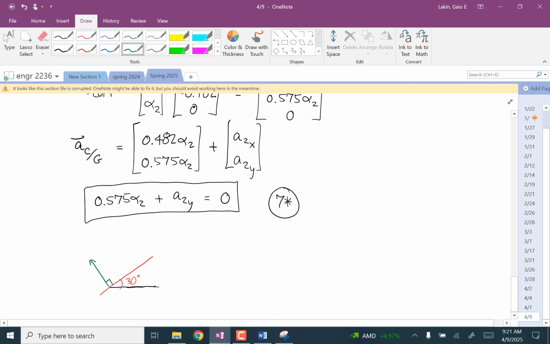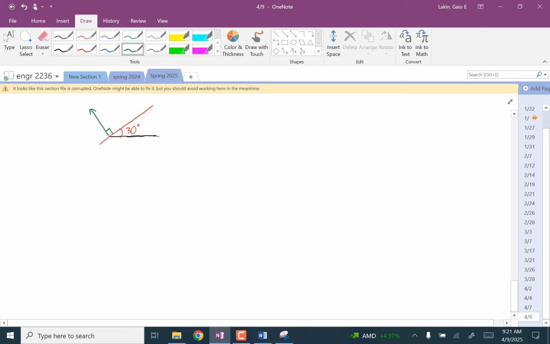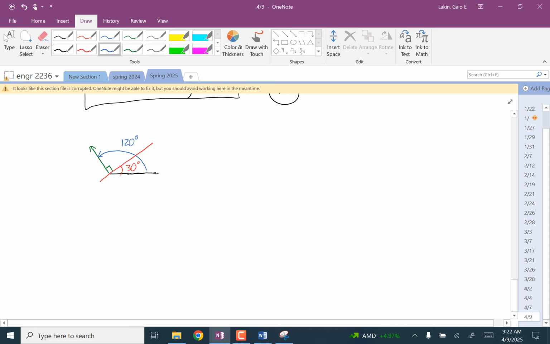Well, we'd come up with a unit vector representing that green vector. This angle, I'm running out of colors, but this angle is 30 plus 90, so 120 degrees. And so a unit vector would be cosine of 120, sine of 120.